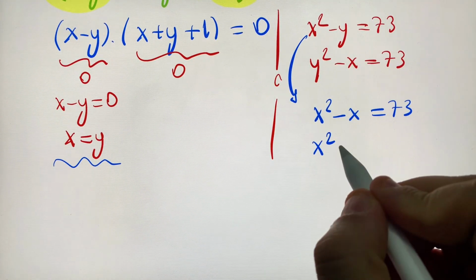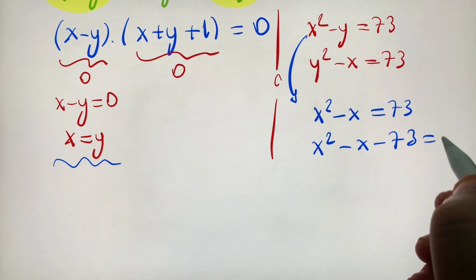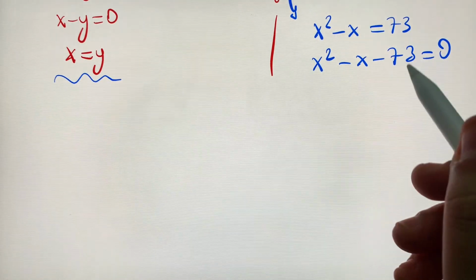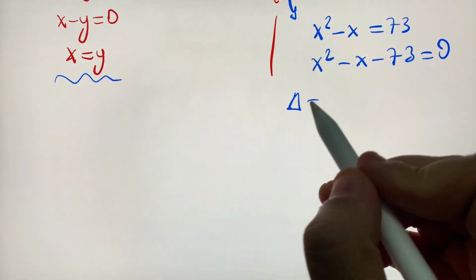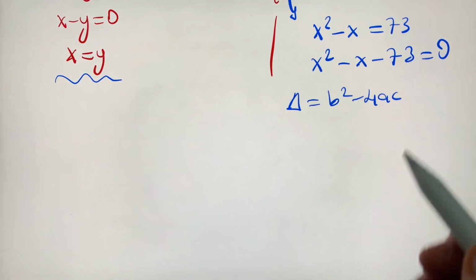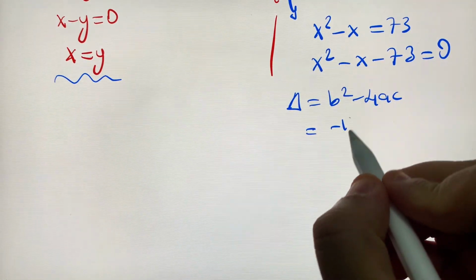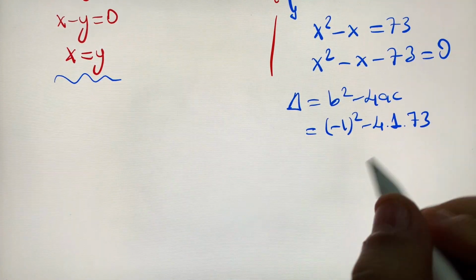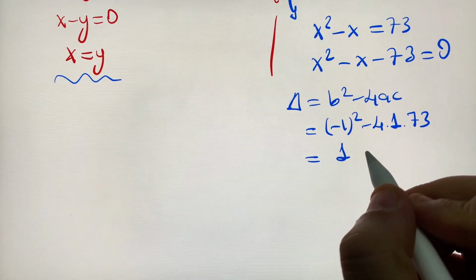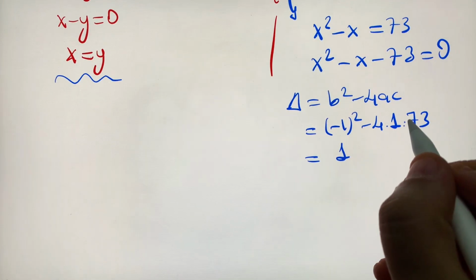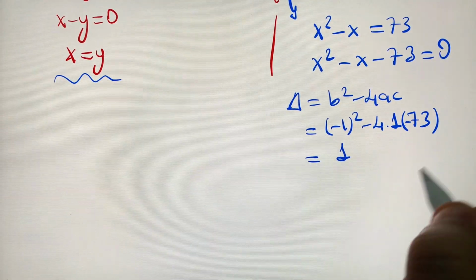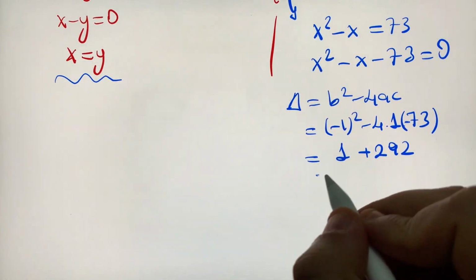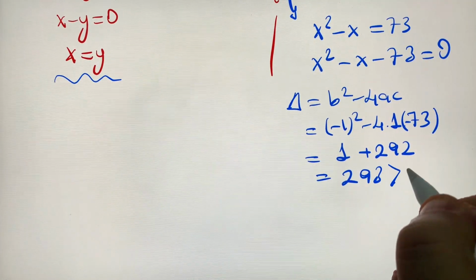If I arrange it, x squared minus x minus 73 is equal to 0. I want to factor this, but it does not factor nicely. Let's go to delta, b squared minus 4 times a times c. Applying the formula: minus 1 squared minus 4 times 1 times minus 73, which is 1 plus 292, so 293, which is bigger than 0.